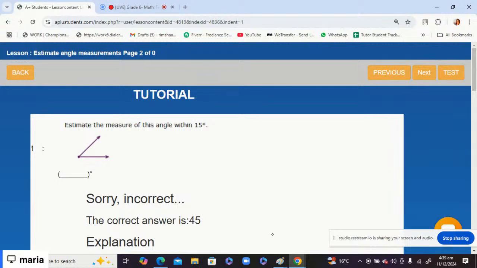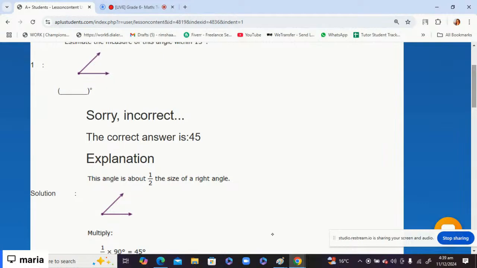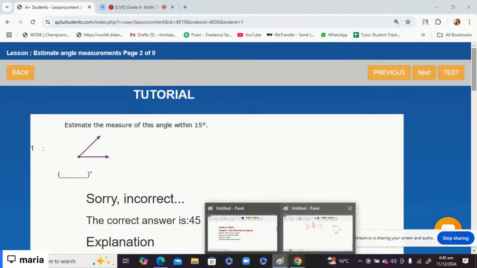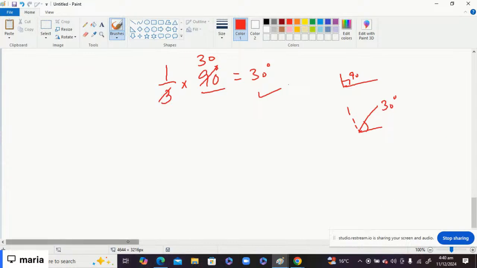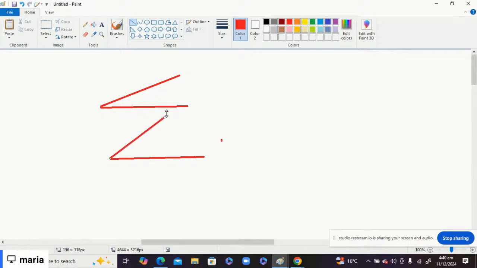Now check it out here. It's not 1 by third. Okay, they are saying 1 by second, because we are going to just estimate. It's not a proper given, like this angle lies at this point, at this point, or at this point. If it's somehow smaller, like if this one is given, so we are using 1 by third of 90. But if this one is used, we can say 1 by 2 part of 90.